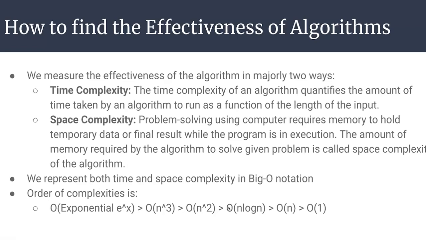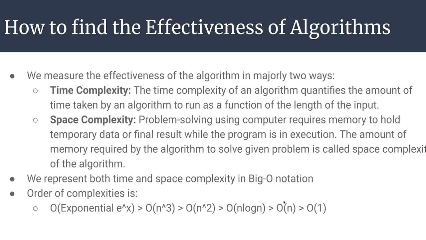Then you can also put order of root n, and after that order of n log n, order of n. These are the ones you will see a lot in your coding when you practice data structures and algorithms. These are the notations, time or space complexity, that you will see a lot: order of n, order of constant.